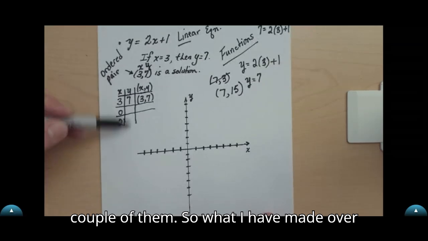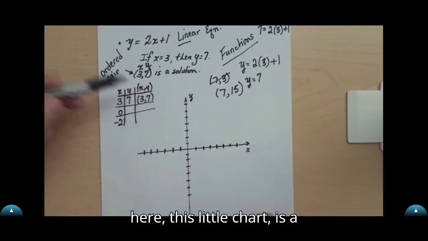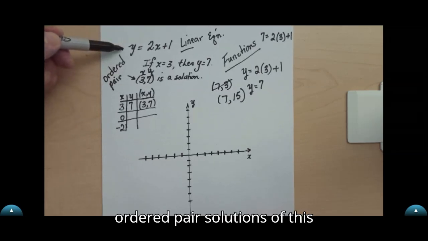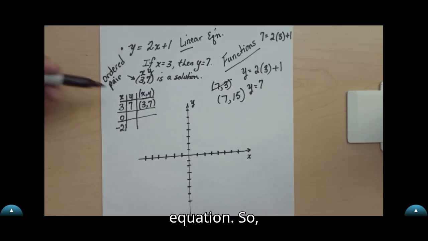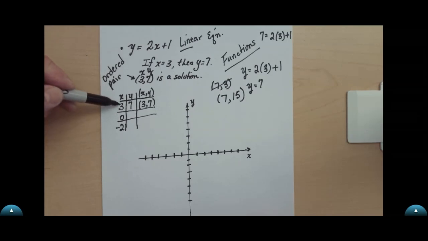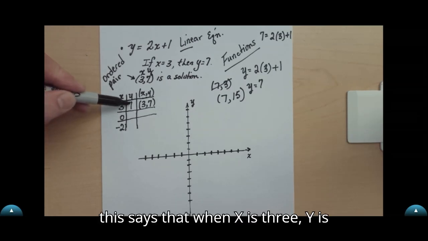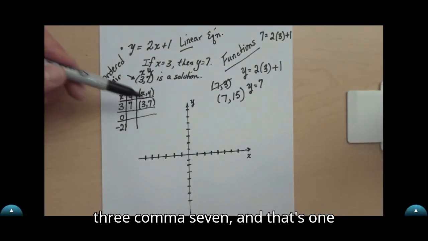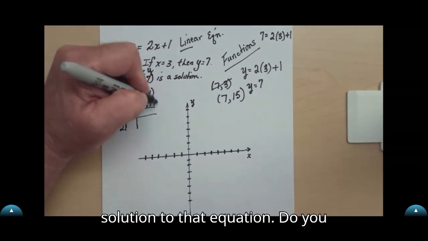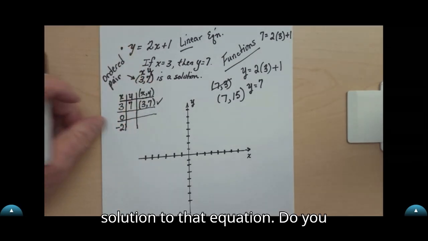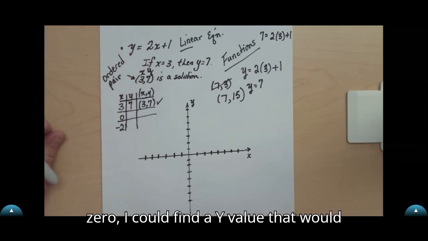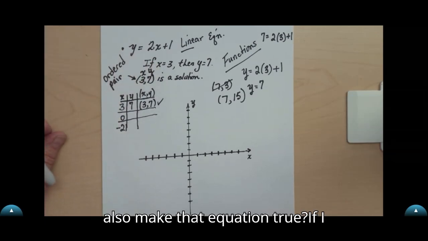So what I have made over here, this little chart, is a way that we can find some ordered pair solutions of this equation. So this says that when x is 3, y is 7, and that gives us the ordered pair 3, 7, and that's one solution to that equation. Do you agree that if I were to replace x with 0, I could find a y value that would also make that equation true?